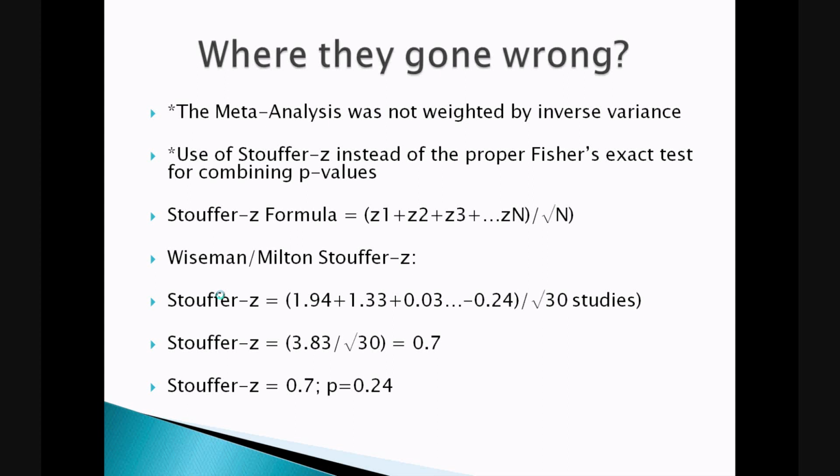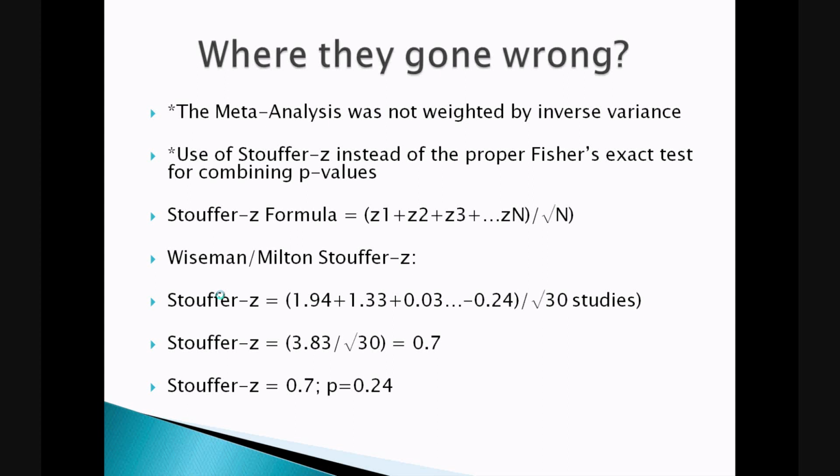Now, if you look at Wiseman and Milton's Stouffer Z calculation, you can see that they calculated the Stouffer Z value by adding the z-scores of each study. So 1.94, for example, plus 1.33 plus 0.33, all the way to negative 0.24. The additions and subtractions are based on a total of 30 Ganzfeld studies.